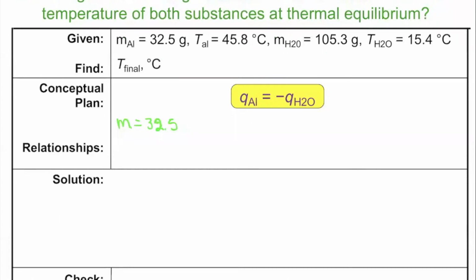What is the final temperature of both substances at thermal equilibrium? So what they're looking for is T final. The way you want to do this problem is you want to set it up so you have them equal to each other. You have information about a metal and information about the water.